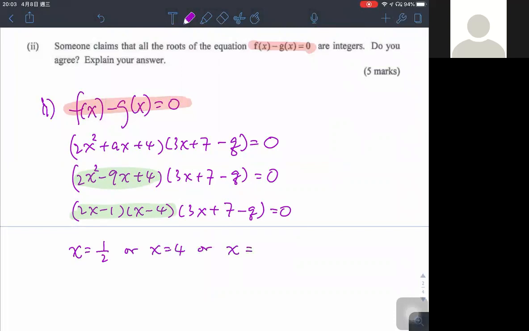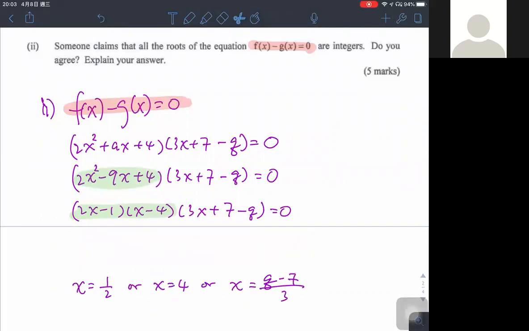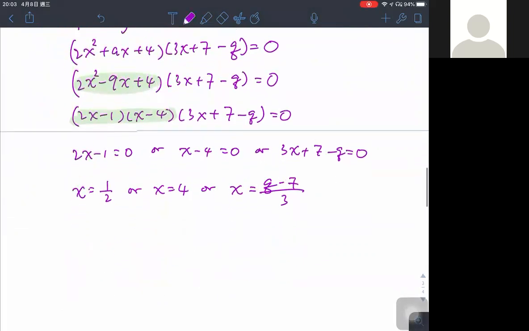Or x is, the last one will be, (q minus 7) over 3, by solving the linear equation. Or if you are not very familiar with this one, then maybe insert one more step for you. Okay, so we have three values of x.